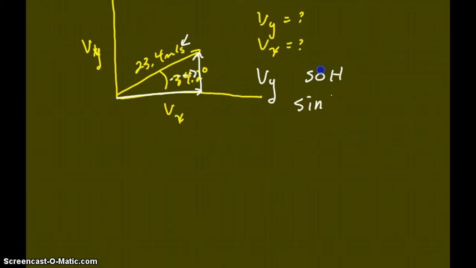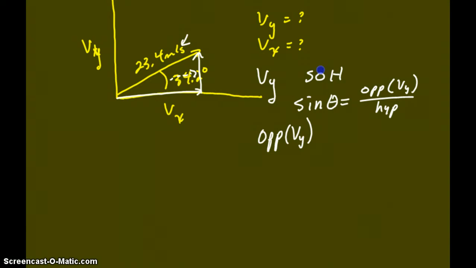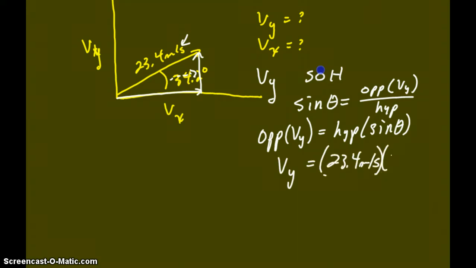So the sine of the angle is equal to the opposite side, which in this case is going to be the velocity in the Y direction, over the hypotenuse. The opposite side, velocity in the Y direction, is equal to the hypotenuse times the sine of the angle. Velocity in the Y direction is equal to 23.4 meters per second times the sine of 34.2 degrees.